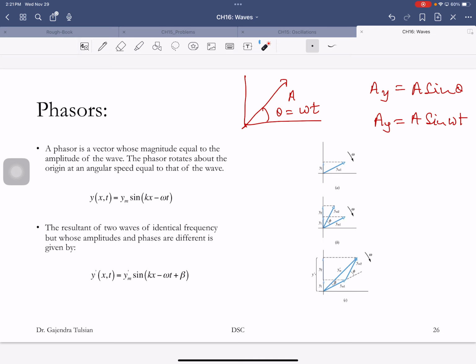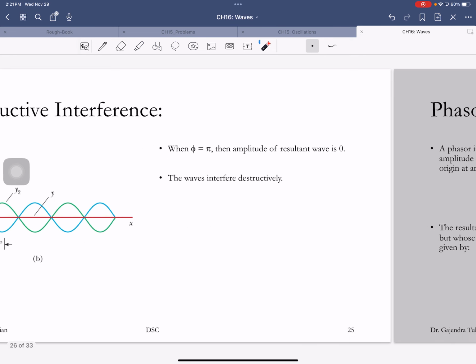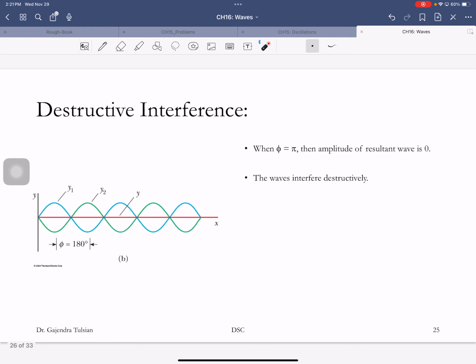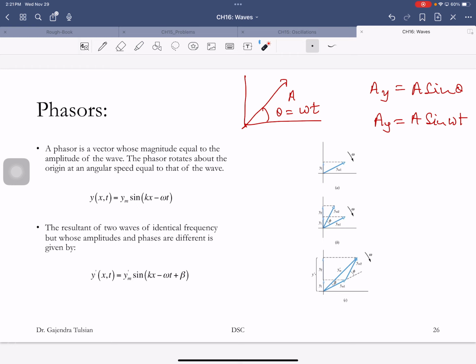Now, if you wanted to add two waves, you would have to use the addition formulas in trigonometry, and if you have to add more than two, it gets to be a pain. This technique helps you solve that. If you want to add one wave, there's one phasor, just add the other phasor. There is the phase difference between the two.